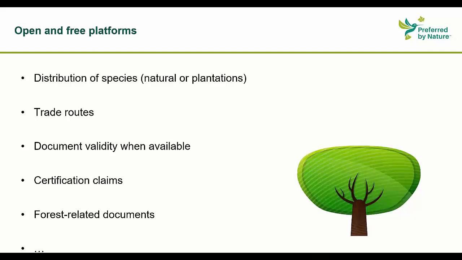For example, I'm going to give you an example later, live, to see how we can determine if the species they declared is really growing in that country. That is a way of cross-checking the validity of information and the credibility of my supplier's claims.